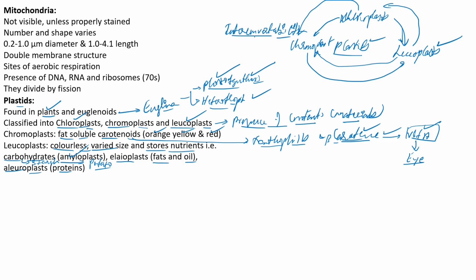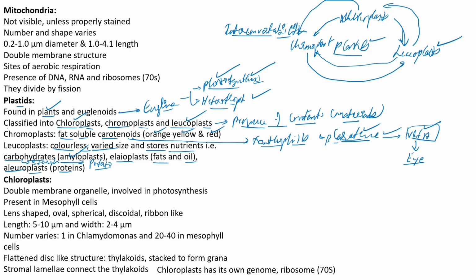So now we can take a detailed look at one type of plastid, that is the chloroplast. Now chloroplast is very similar to the mitochondria, partly due to some of the important appearances and the functions, and also the working mechanism.